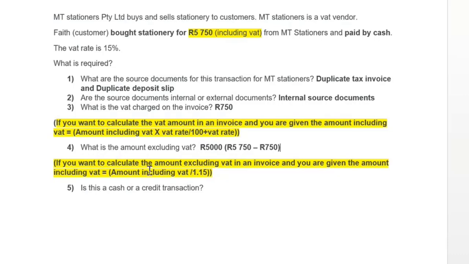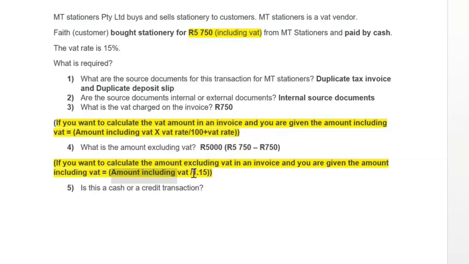Or you can say, if you want to calculate the amount excluding VAT in an invoice and you are given the including VAT amount, you're going to take the amount including VAT, which is 5,750, divided by 1.14, and you will get to 5,000.